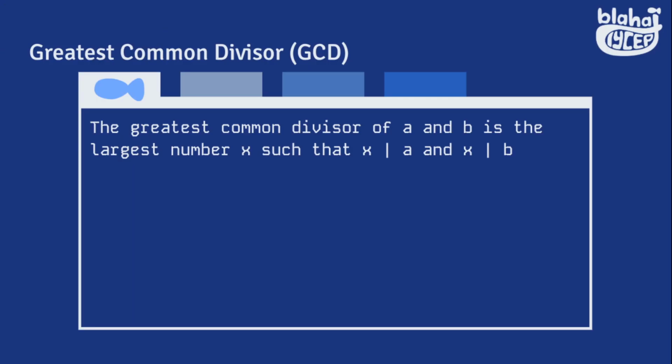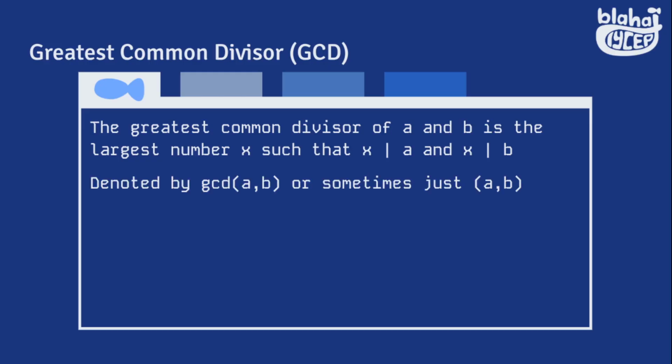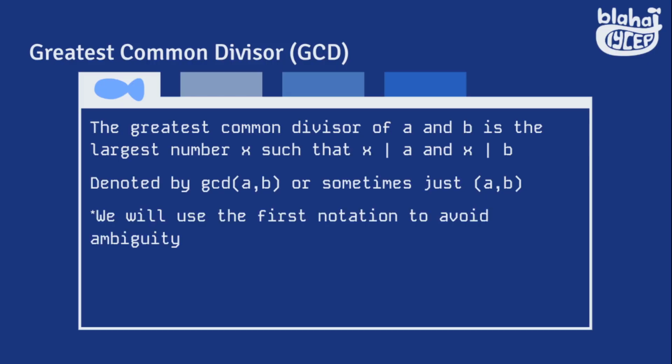So, show of hands here, how many of you remember learning HCF and LCM in Sec 1? Yeah, so GCD is just a different name for HCF, or highest common factor, or in this case it's called greatest common divisor, which is the term that we use in cryptography a lot.